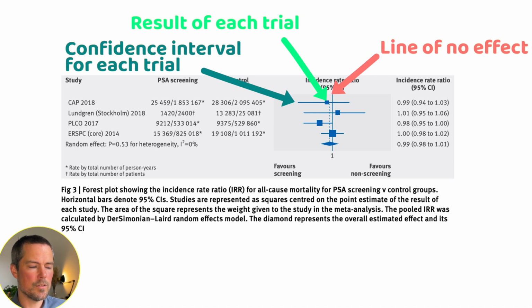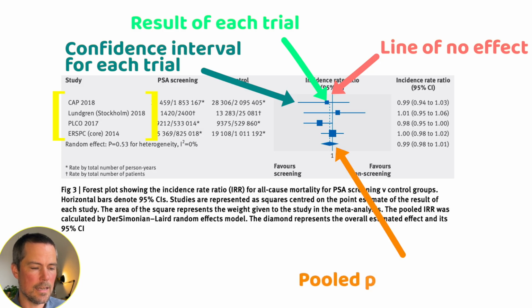And systematic reviews are really useful here because rather than one expert or doctor saying that they believe this randomized trial, and another doctor saying they believe that randomized trial, systematic reviews pool all the trials together. And the summary of the meta-analysis, this diamond, it's called the pooled point estimate. This is the result of the systematic review.